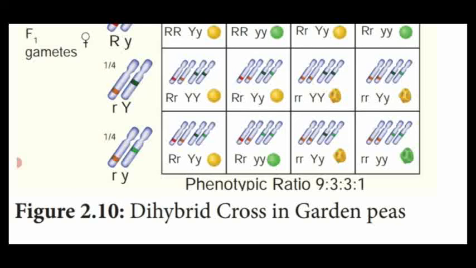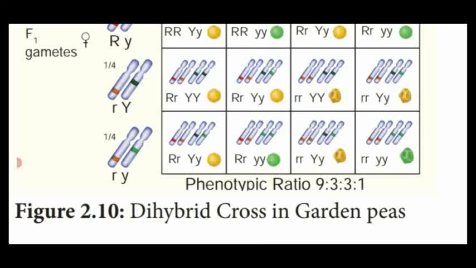Out of these, the 9 showing round yellow are the parental character, one of the parents, and only one is the recessive parent. The 3 plus 3 is the recombination. What is the recombination?